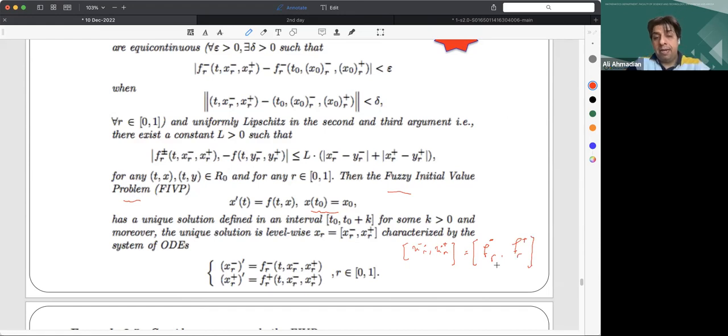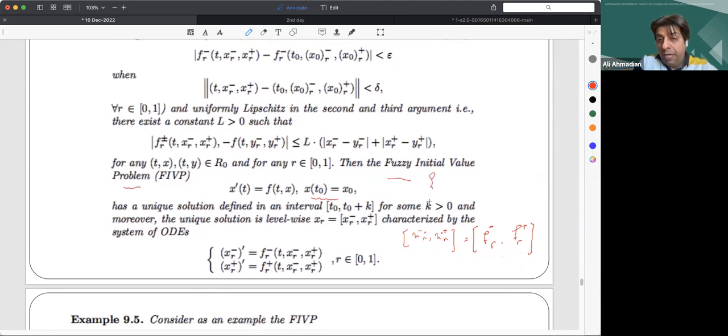The theorem tells me that if you have the r cuts of the right and left sides, then to solve it, you should solve an ODE system, where the first equation of the ODE is the lower x r prime equal lower f, and the second one is the upper x r prime is equal upper f.